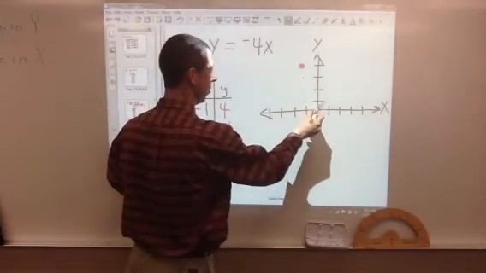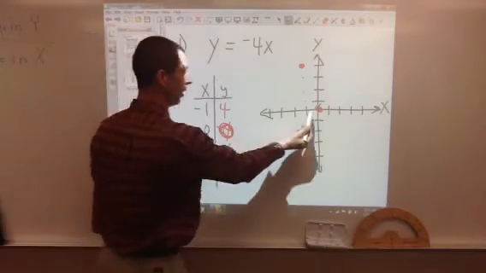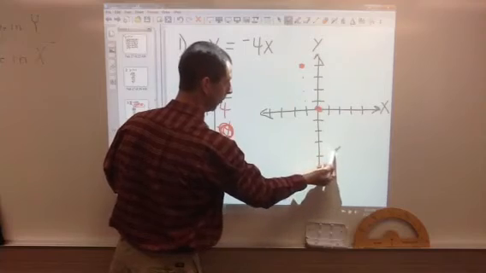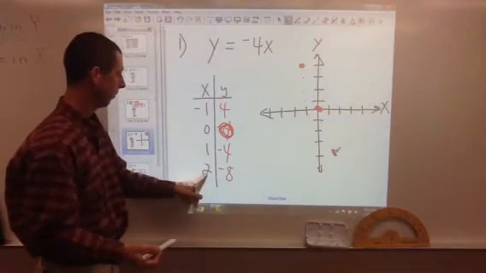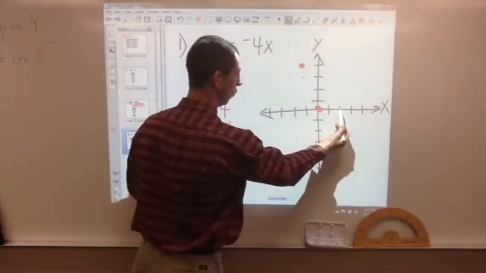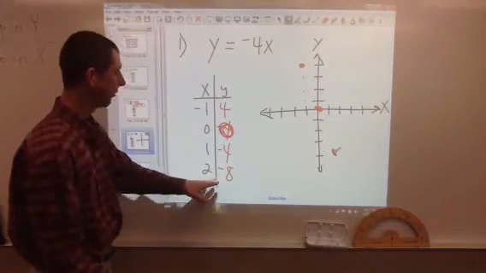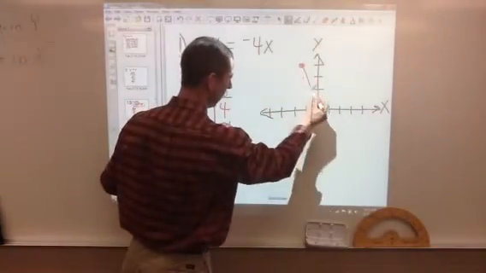Here's 0, 0, right here. 1, -4. So over 1 and down 4. It's going to put it down in this area here. And 2, -8. Well, we've got a problem with this one. 2 is right here. -8 is going to put us off of the screen, so I'm not going to graph that point. I have 3 of them. I can connect my dots here.